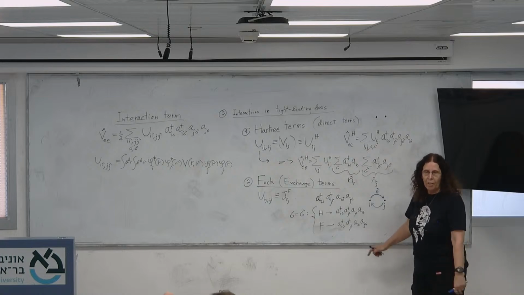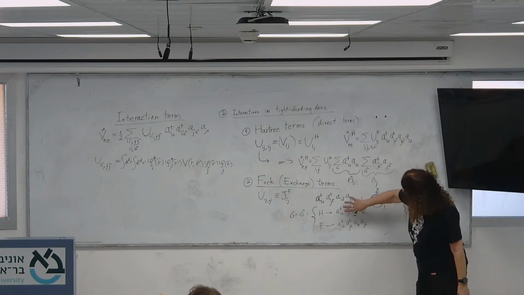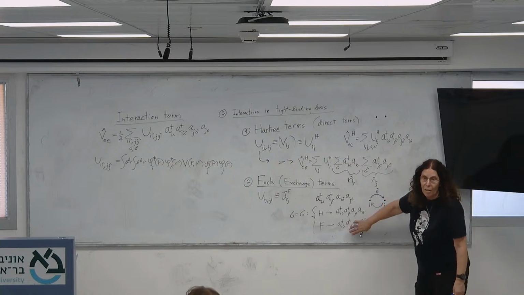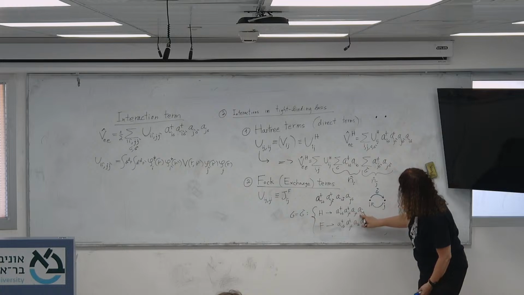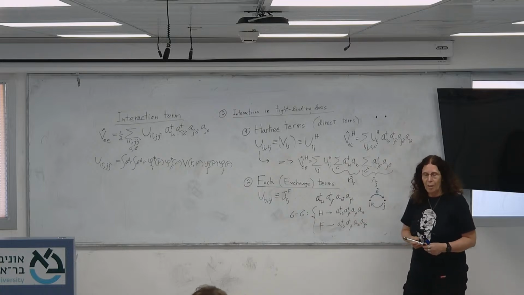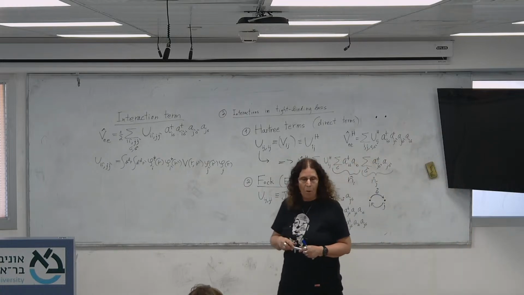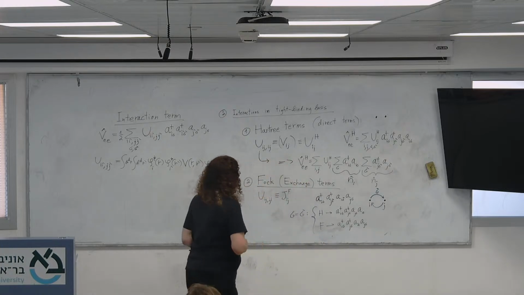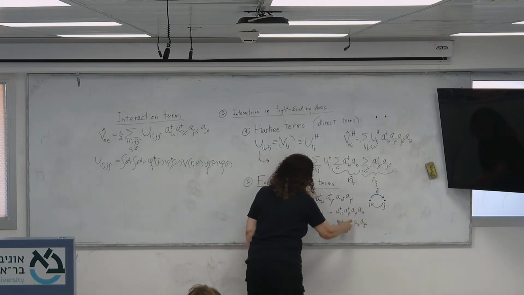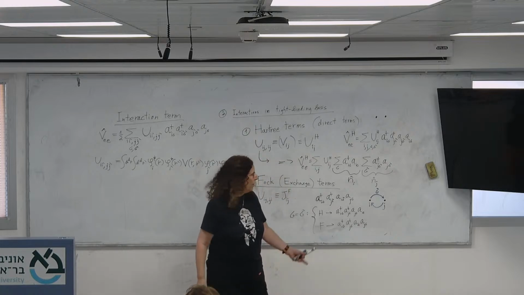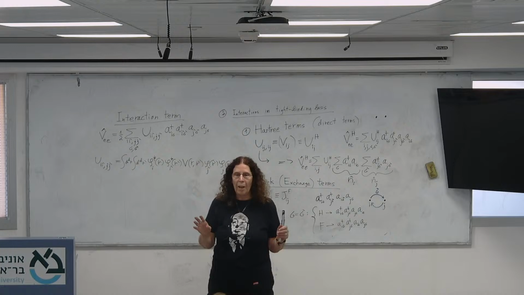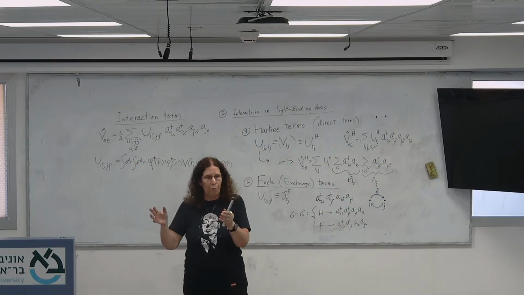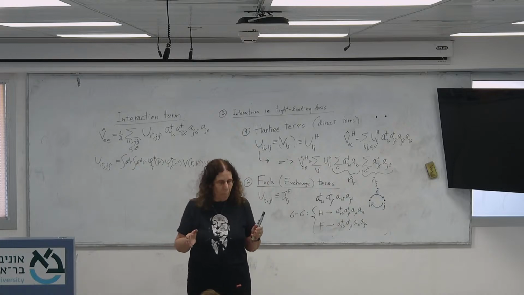A minus sign, right? Because in fact, this and this are the same if you apply the anti-commutators. You can exchange them and you get a minus sign, and then you're back to the Fock. Now, if you have both, in the Hartree and in the Fock, you have the same term but with a different sign, it cancels.